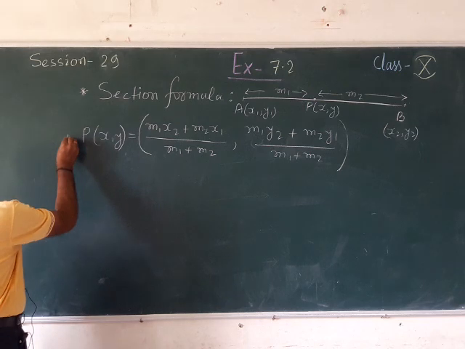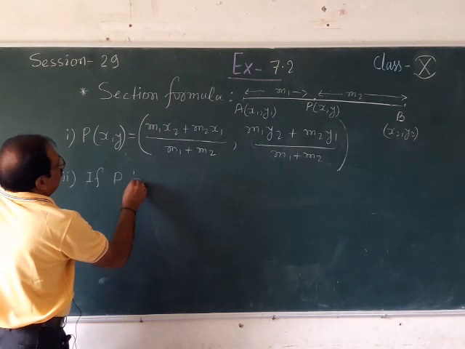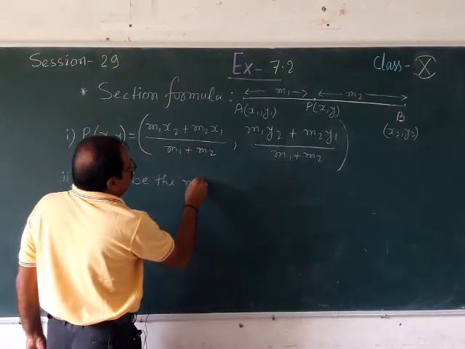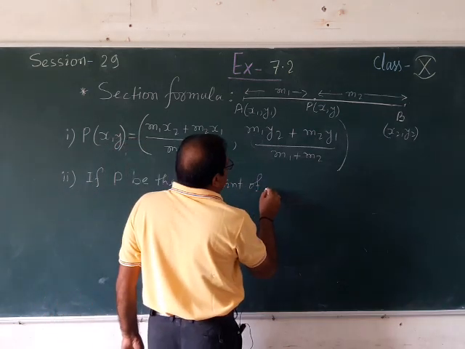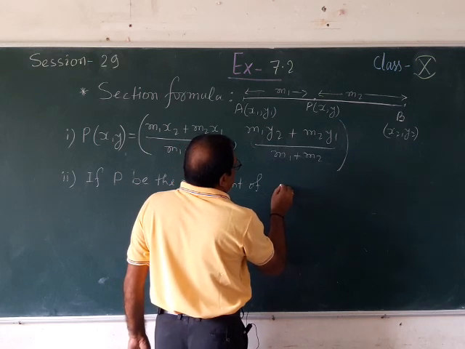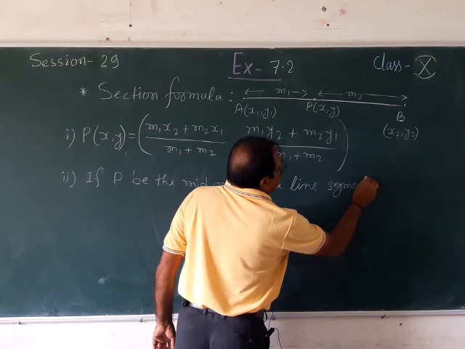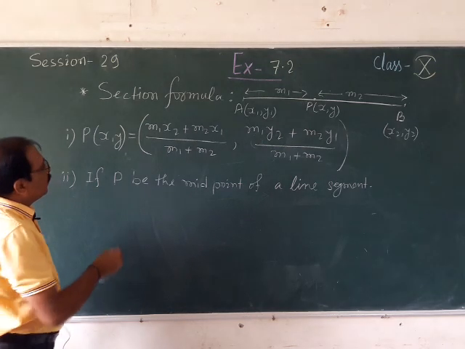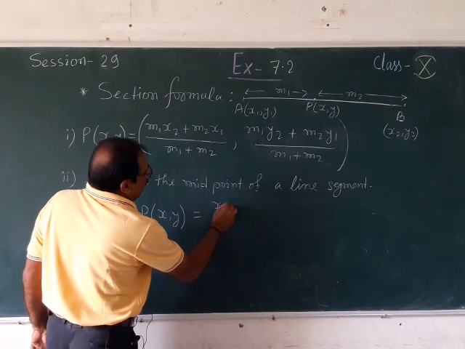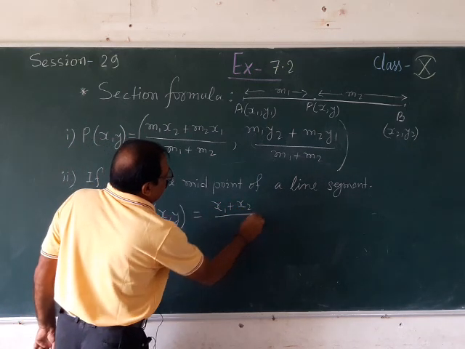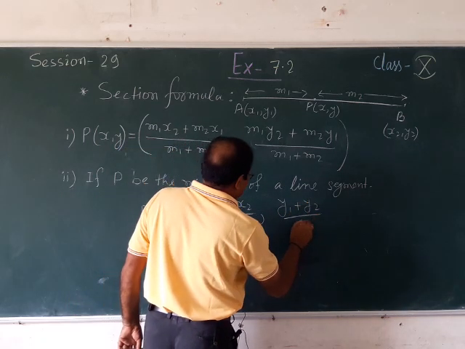The second thing is, if P is the midpoint of a line segment, it may be AB or any other line, then the coordinate of P will be ((x1 plus x2) by 2, (y1 plus y2) by 2).